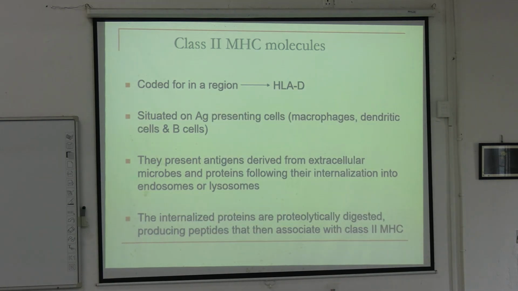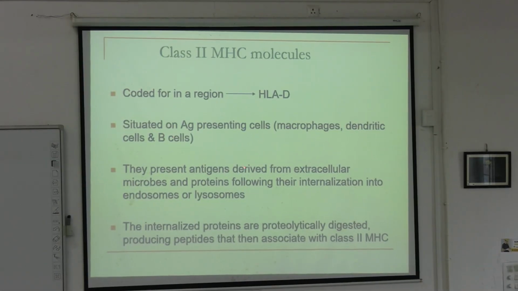Now coming to class 2 MHC molecules. Class 2 MHC molecules are coded for by a region called HLA-D, and as I told you all, these are situated on antigen presenting cells. The cells will engulf the extracellular microbes and then present them to the CD4 plus T cells, okay.